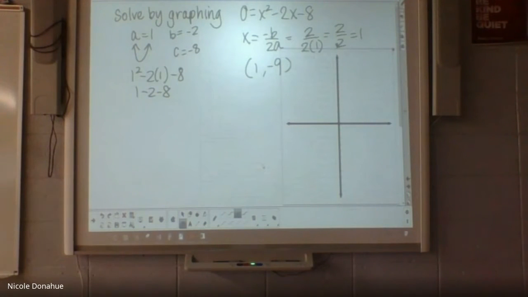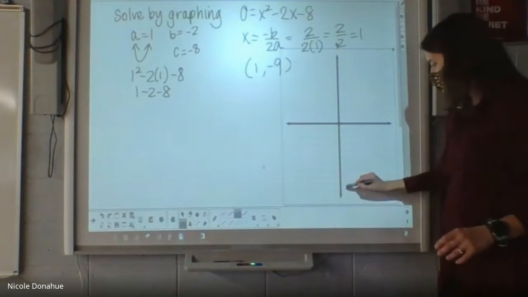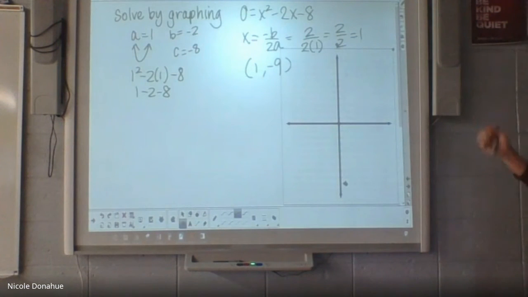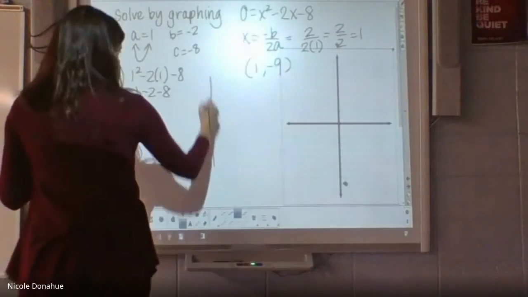I'm going to put my vertex at 1, -9. And I know my graph is pointing up, so it kind of makes sense that everything seems to fit just fine.